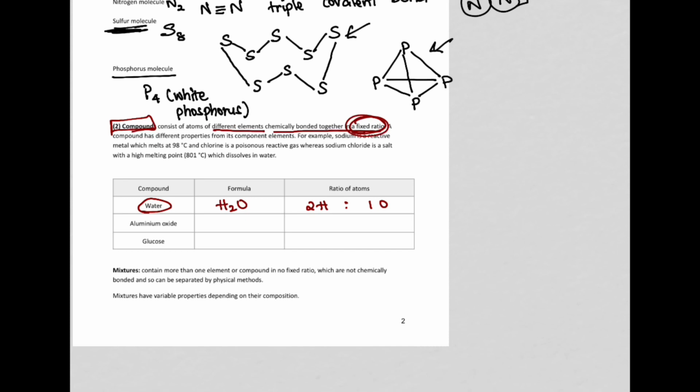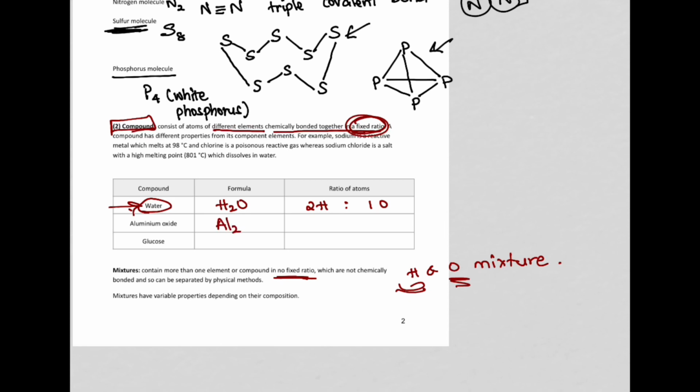In mixtures, on the other hand, there is no fixed ratio. If you make a mixture of hydrogen and oxygen together, you can have as much hydrogen as you want and as much oxygen as you want, ensuring that they are not reacting with each other. But if they react with each other and you're getting water, then it's always going to be 2 hydrogen combining with 1 oxygen.